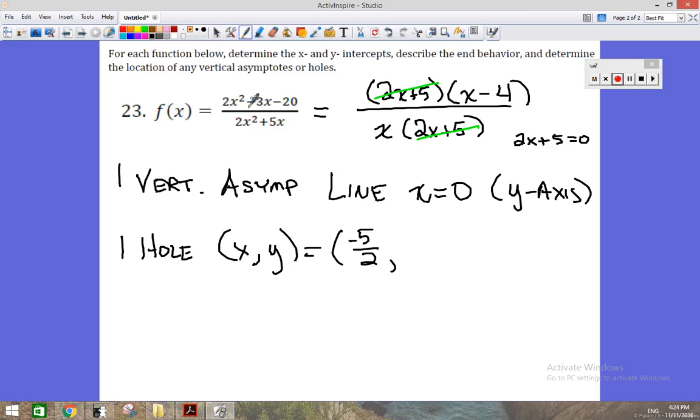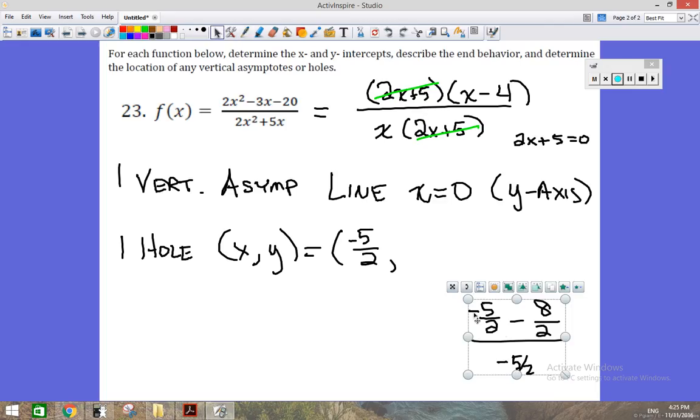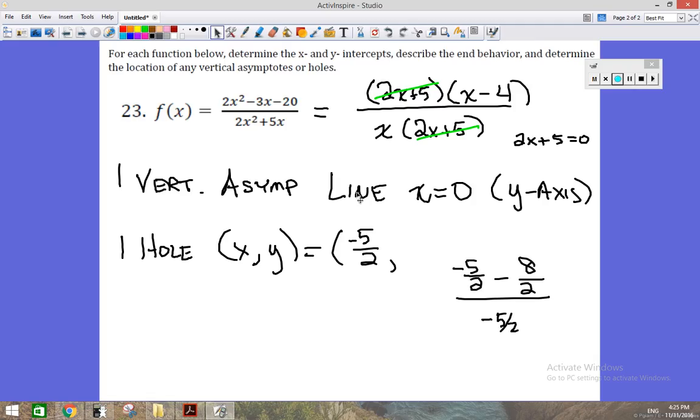So this ratio after it has been reduced, let's come down here. Instead of x minus 4, we've got negative 5 halves minus 4. I'm going to rewrite 4 as 8 divided by 2, so it has a common denominator. In the denominator here, I have a negative 5 halves. Let's see what this simplifies to. Well, in the numerator, the negative 5 minus 8, hey, that's a negative 13.